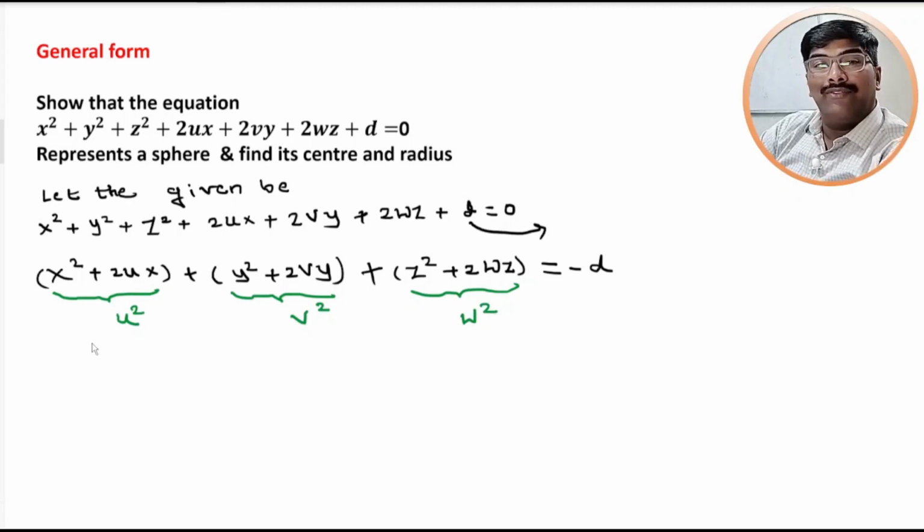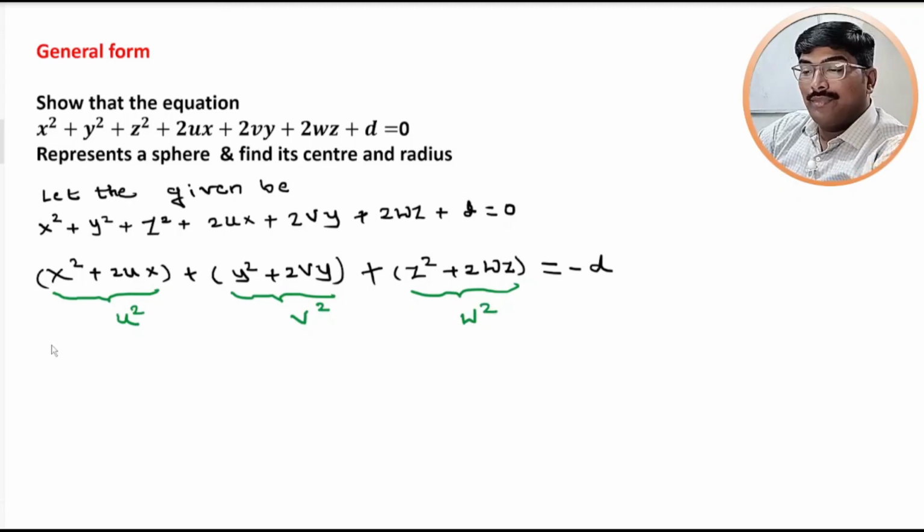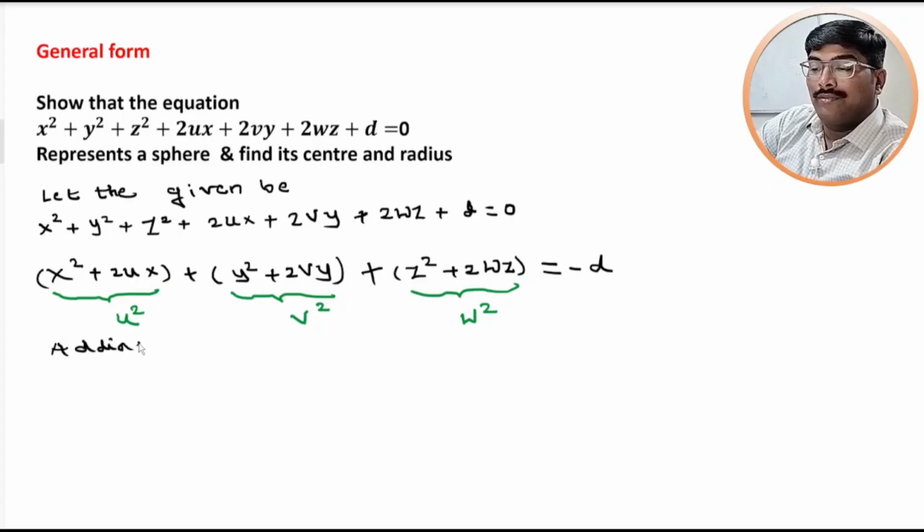so that you will get, adding u square plus v square plus w square to both sides.